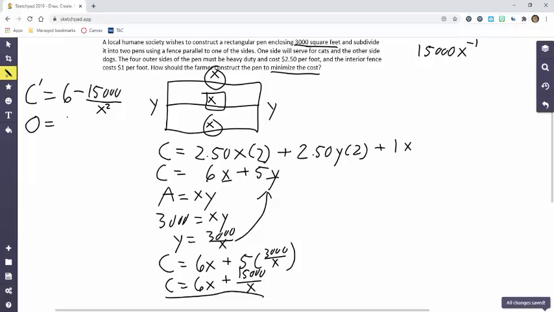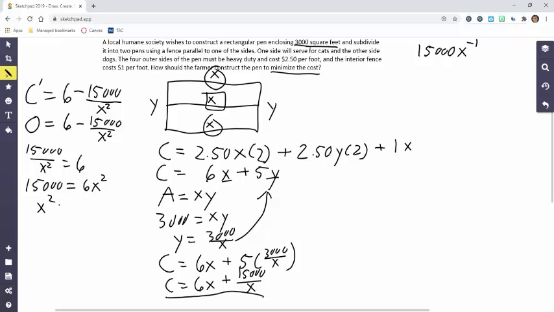So that gives us 6 minus 15,000 divided by x squared equals 0. Go ahead and move the 15,000 over to the other side, so 15,000 divided by x squared equals 6. Multiply both sides by x squared to clear my denominator. It gives me 15,000 equals 6x squared. Divide both sides by 6.